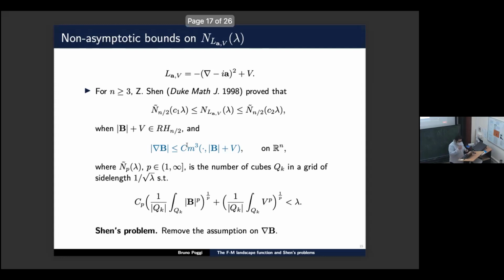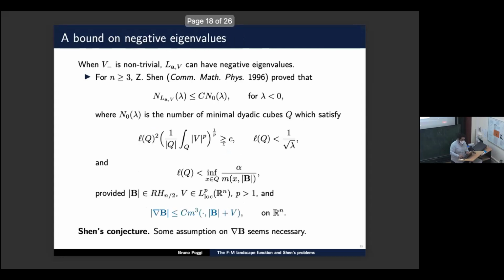But Shen's problem is to remove the assumption on the gradient of the magnetic field, because he was able to do that in 2 dimensions. In 2 dimensions, he just asked that the magnetic field doesn't change sign, and then he was able to obtain it with no assumption on the gradient of the magnetic field. But in 3 dimensions and more, it was open. And then he had a similar result for the negative eigenvalues and a similar question.